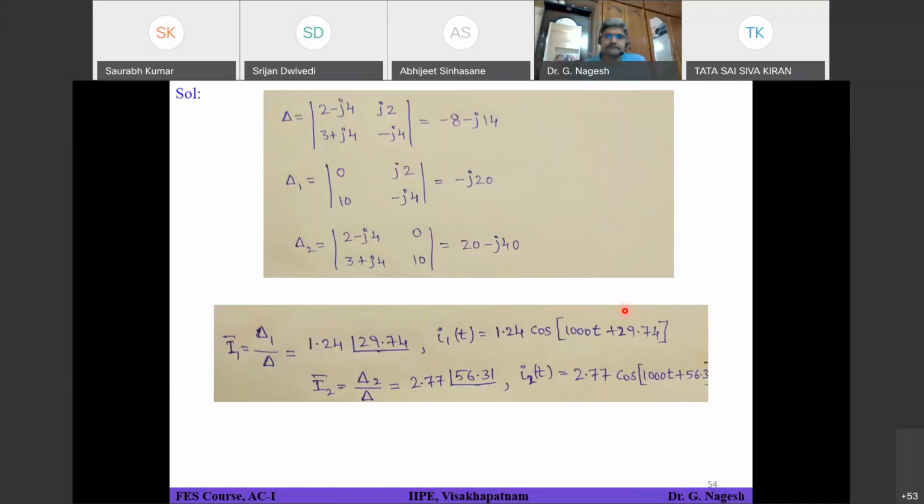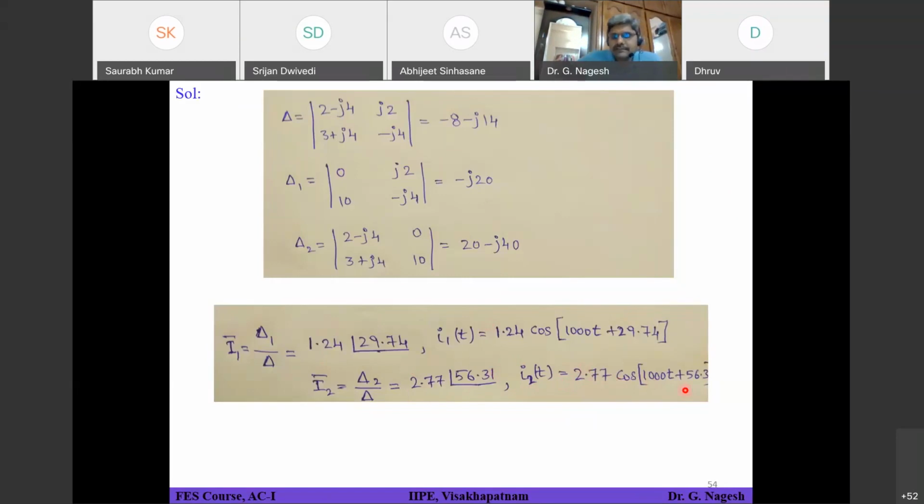Did you get that current I1? Sir, I did for I2. Okay, so you got this expression for I2 phasor? Yes, sir. If you convert into time domain, I2 is 2.77 cos of 1000 t plus 56.3 degrees.